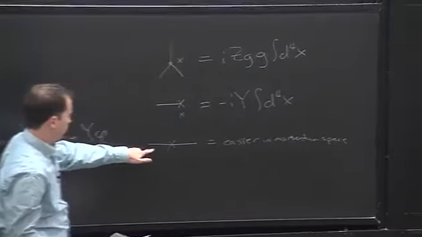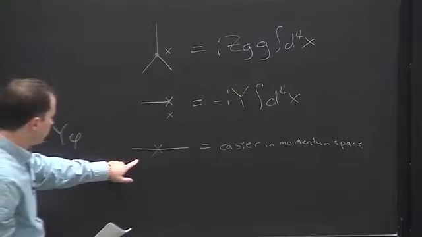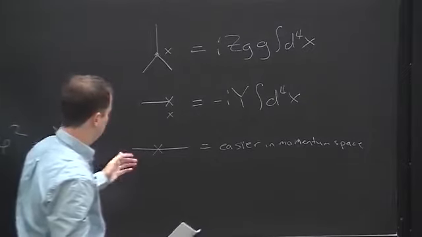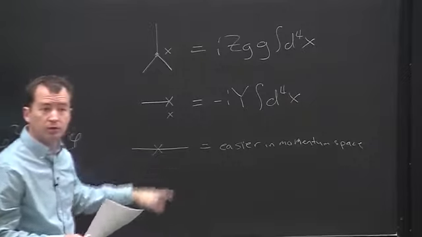And we won't actually need an explicit expression for this at this time, so I won't write it yet. But this, again, is not just a line, but it's a vertex with two lines coming out of it.